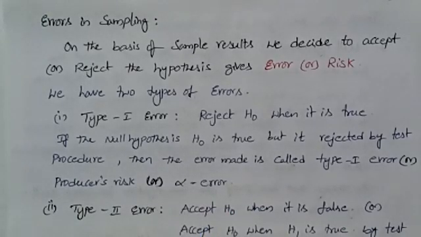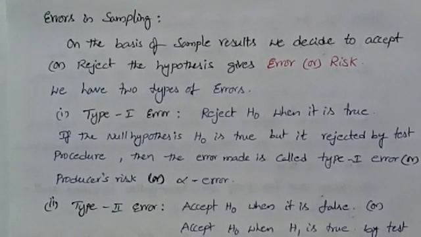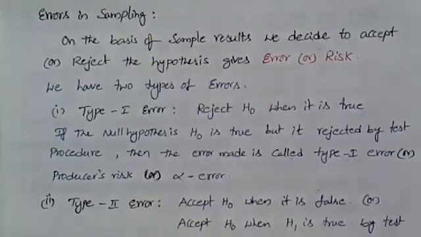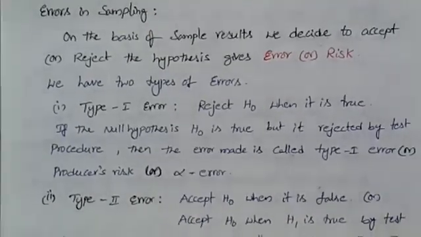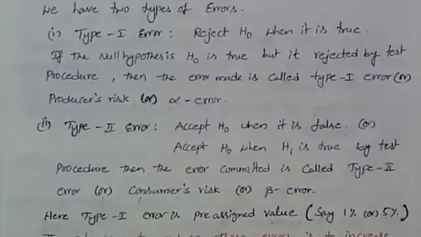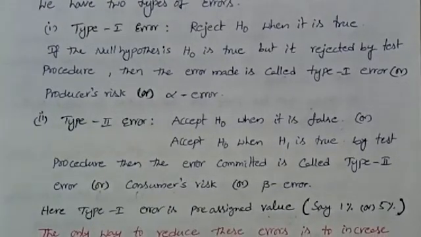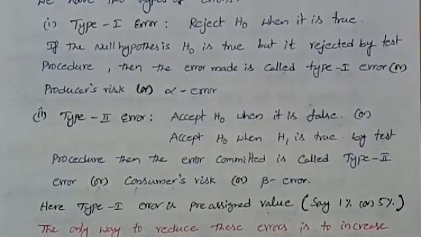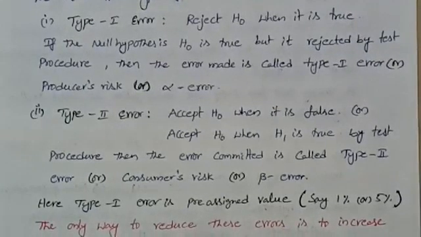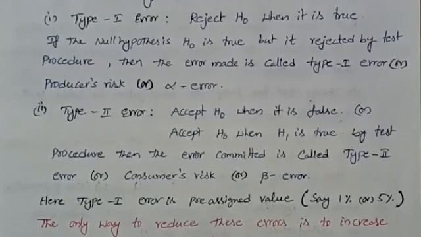Next, type 2 error. Whenever the null hypothesis is false and by test procedure it is accepted, then that type of error committed is type 2 error or consumer's risk or beta error.